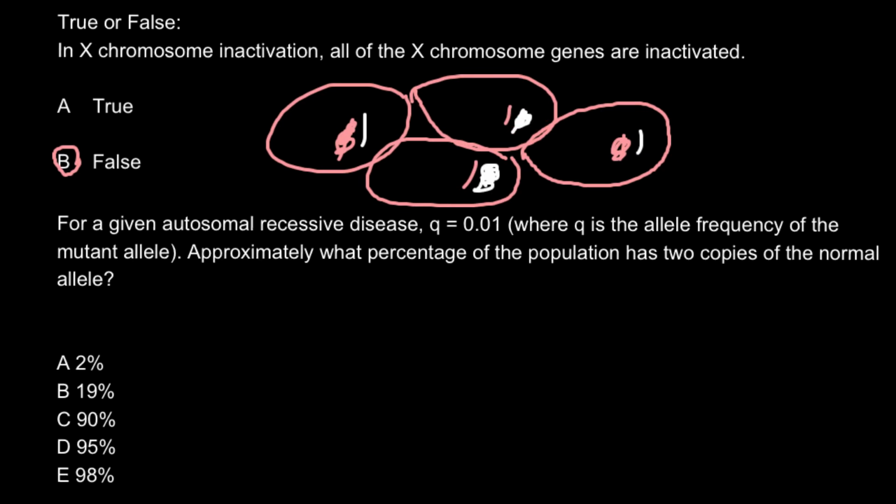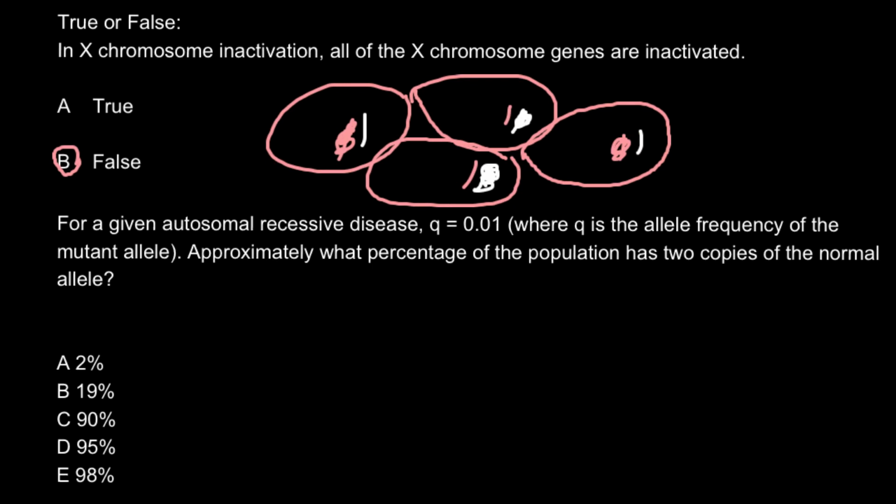So we can say that females would be chimeric for this trait, and if for example one of the X chromosomes had some genetic disorder, that means that in some cell lines we can see such an effect of this genetic disorder, and in other cells we wouldn't see it, because a different X chromosome would be activated.